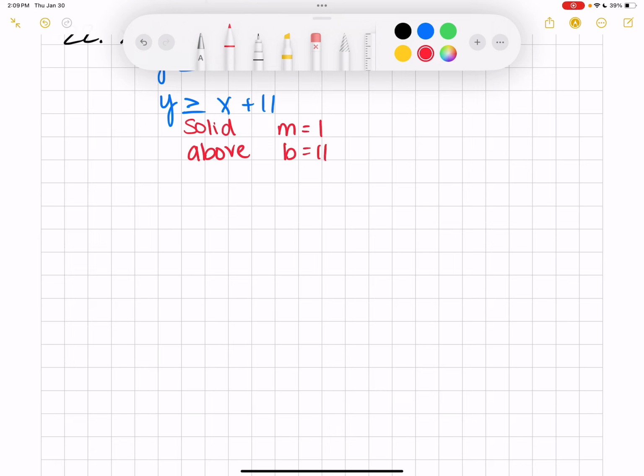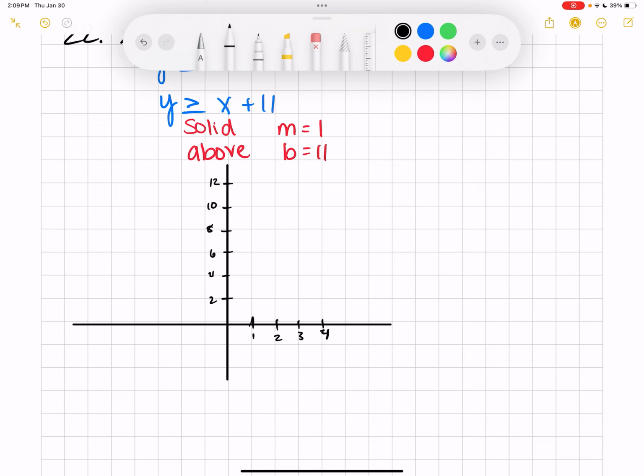To keep my graph kind of small, I think I'm going to do 3 on the y-axis and 1 on the x-axis. Maybe I'll do 2 because 3 is kind of a weird number. I'll do 2. Easier to split. All right, so I have intercept at 11, so that's up here halfway between.